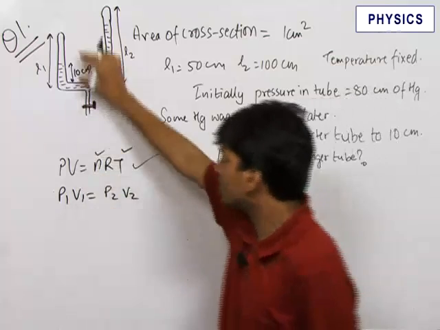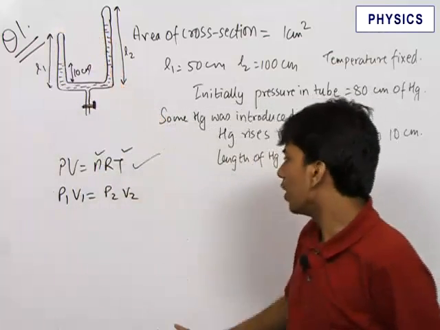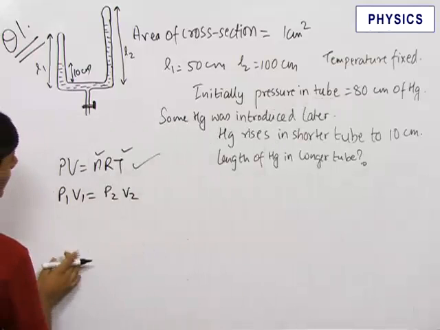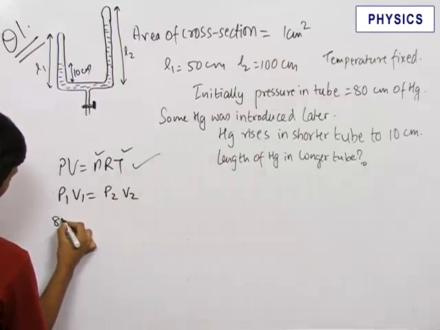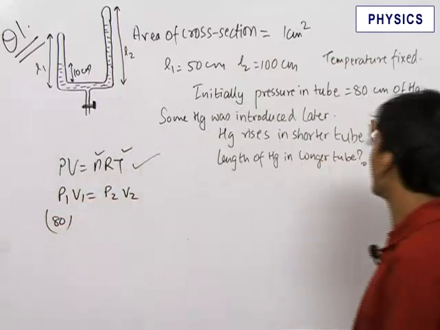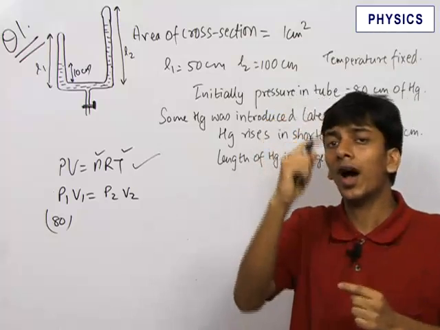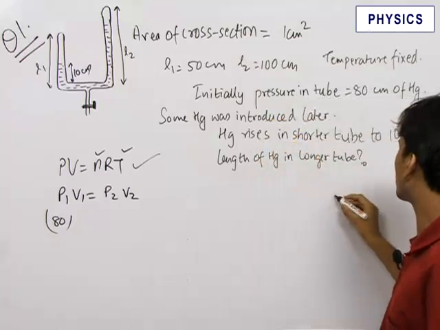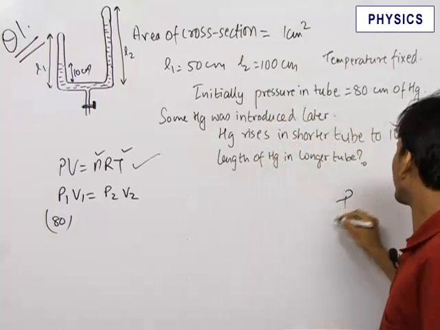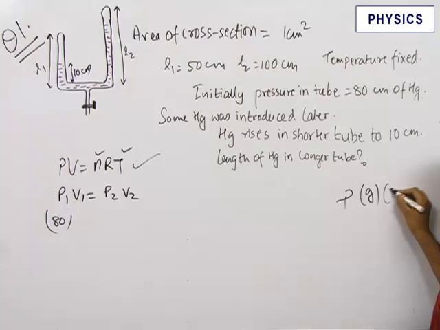So we apply P1 V1 = P2 V2 for the volume of gas which was in this tube initially. While applying this, the initial pressure was 80 centimeters of mercury. A pressure of 80 centimeters of mercury means it is equal to the pressure of a column of mercury of height 80 centimeters. So this can always be written as density of mercury into g into 80.